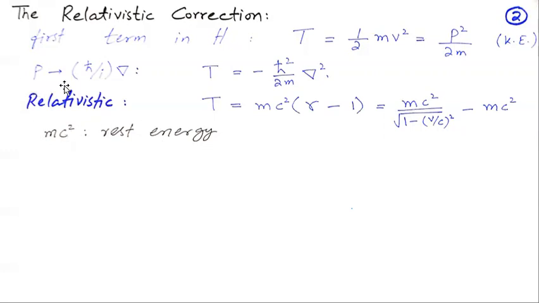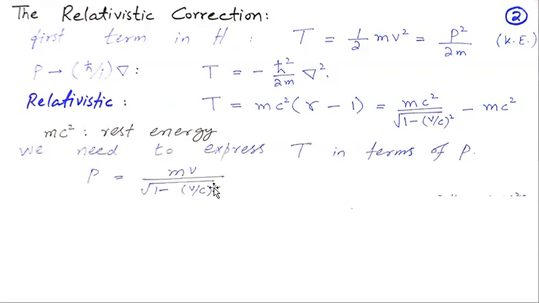We will not discuss this expression in detail because this is modern physics stuff and you have seen this in the modern physics course, and you know that mc square is the rest mass energy in this expression. Now our goal is to express T in terms of momentum. So we know that the relativistic momentum is gamma into mv, and the expression of gamma is equal to 1 over square root 1 minus v over c whole square.